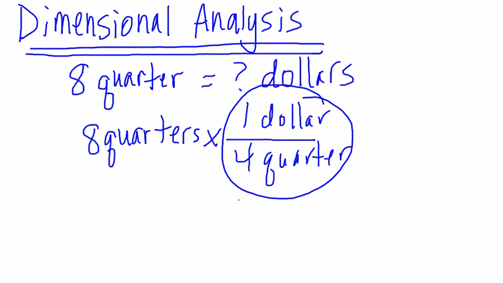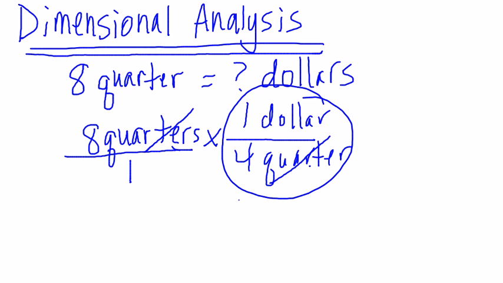The reason why we divided was because quarters divided by quarters cancel. The units of quarters cancel when they're divided out, as do any units. You don't have to do this, but you could write that whole number 8 as a fraction over 1. That illustrates that quarters divided by quarters easily cancels.